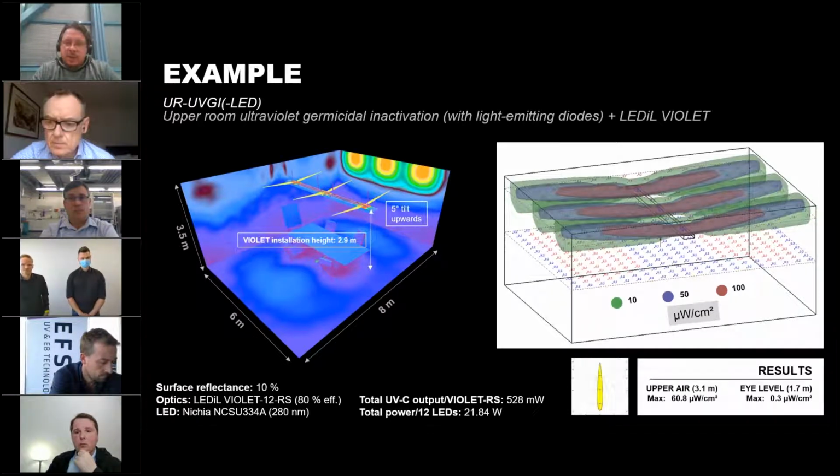And if you look at the results here, our maximum in this application is 0.3. Because again, we are using these Violet RS lenses with that 14-degree beam to focus the irradiation in the upper part of the room and making sure that it's staying there in this application. So this is a solution that you can integrate into existing office lighting luminaires, for example, and I would say a new and somewhat disruptive way of disinfecting your office space.